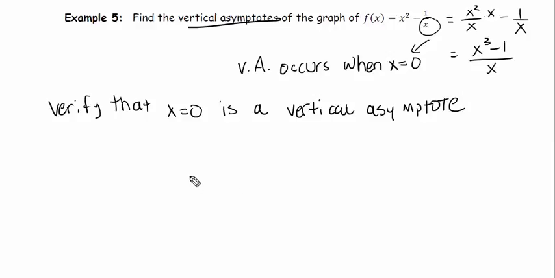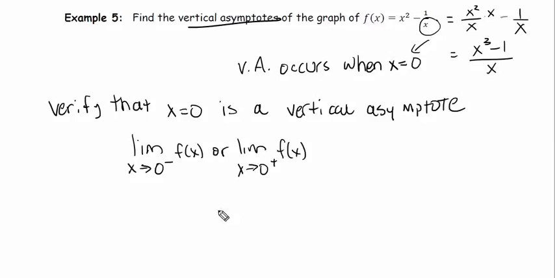And we're going to do that again by finding the limit as x approaches 0 from the left, or the limit as x approaches 0 from the right. It doesn't matter which one, so I'm going to choose this one. The limit as x approaches 0 from the left of x to the third minus 1 over x.